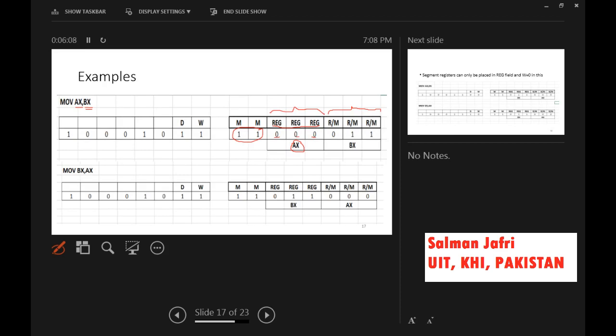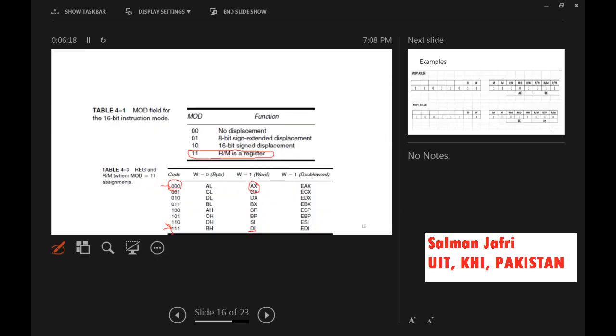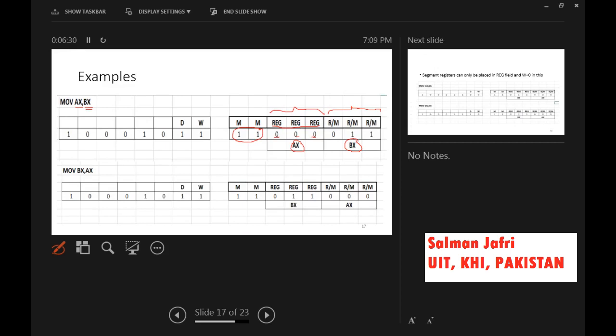Now the next register on the right is BX. So the code of BX should go in the R/M field. And where is BX? BX is over here. So the code of BX, which is 011, goes into the R/M field.